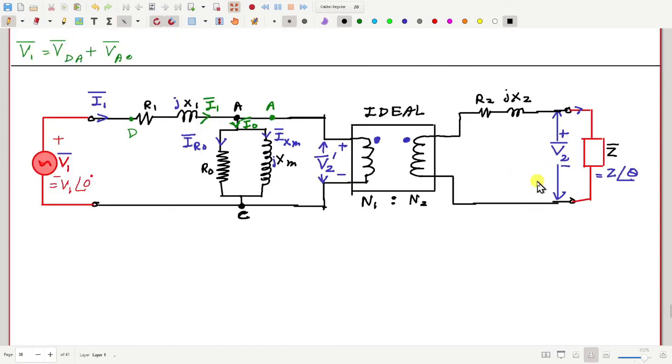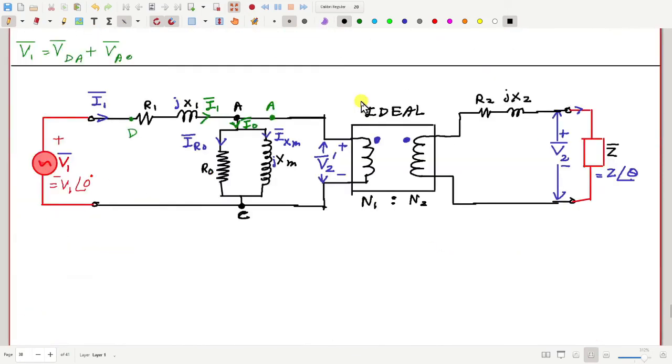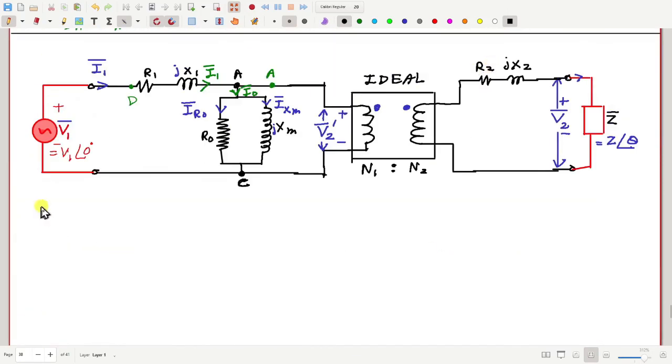When will it be equal? It will be equal if this R2 prime and this R2 are related as R2 equal to R2 prime multiplied by, can anyone tell me what should it be? N2 by N1 whole square. Similarly, X2 equals X2 prime times N2 by N1 whole square.